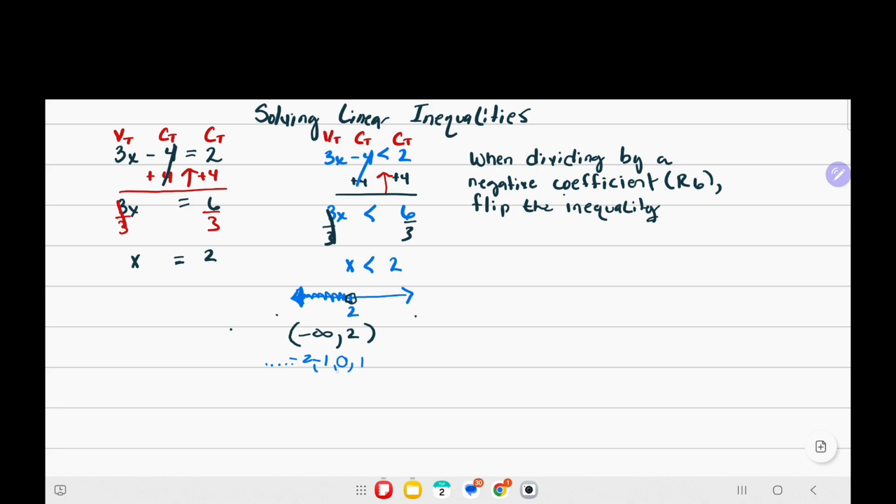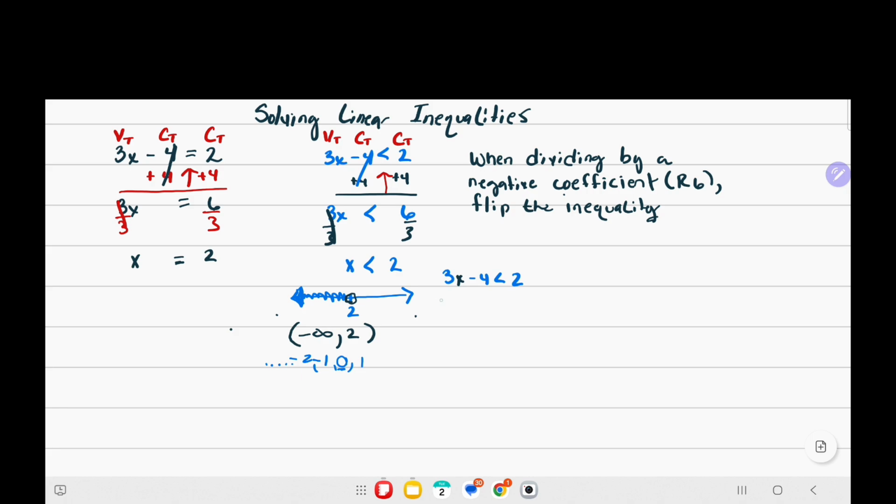We know that 0 is less than 2, and therefore, if we plug 0 into our equation, it should come out true. Here we go: 3x minus 4 less than 2. So I'm saying if we plug in anything in this range, our answer will be correct. Let's plug in 0.